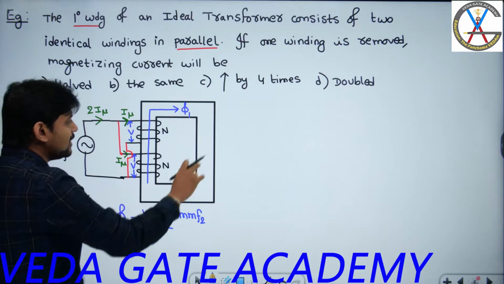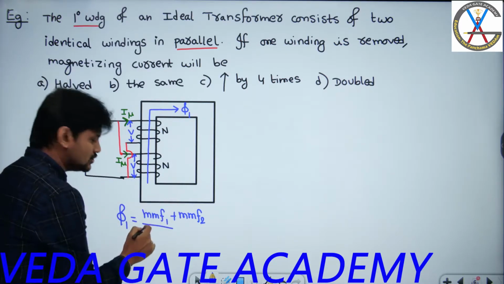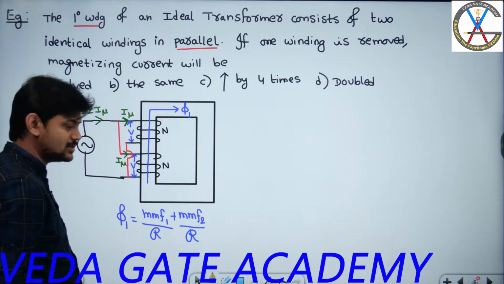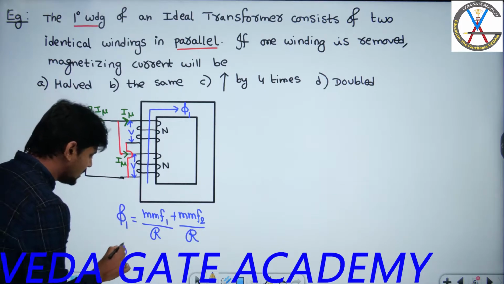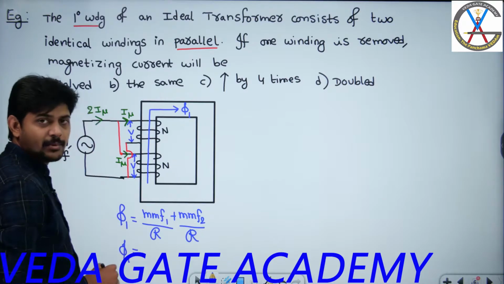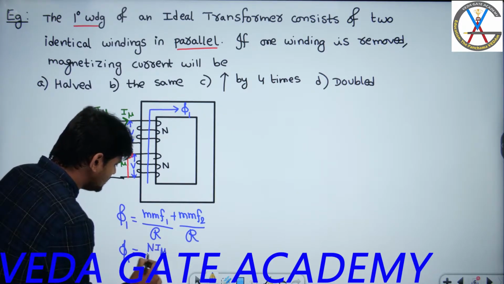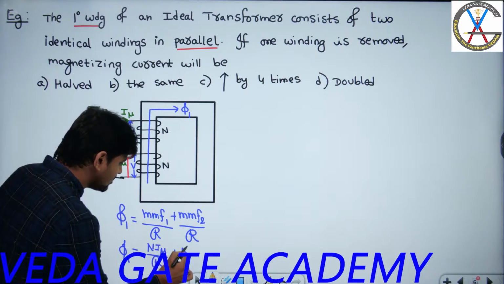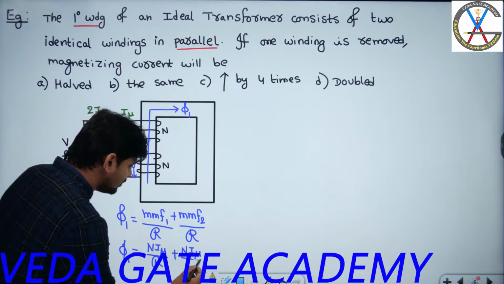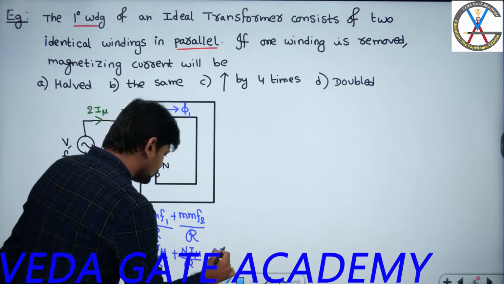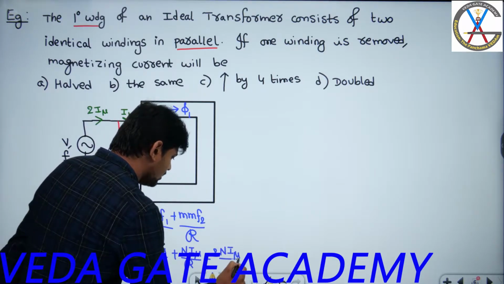Here we are choosing the same magnetic material and same length, so the reluctance remains the same. So the total flux phi 1 will be equal to: the MMF in the first winding is N into I mu divided by reluctance, and the second identical winding also gives N into I mu divided by reluctance. So the total flux will be equal to 2 into N into I mu divided by reluctance.